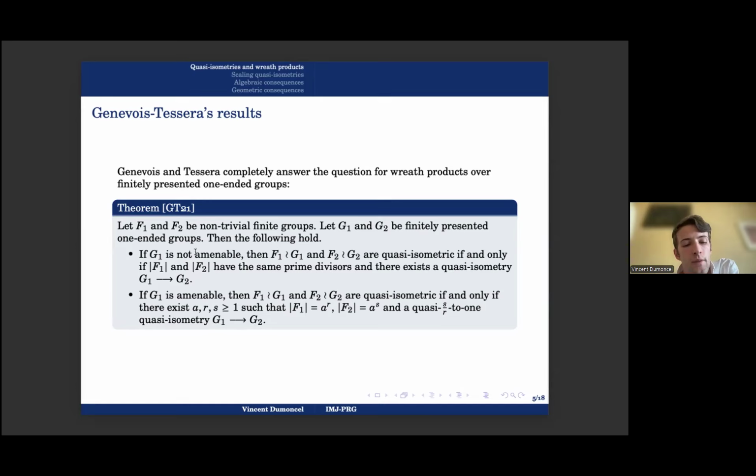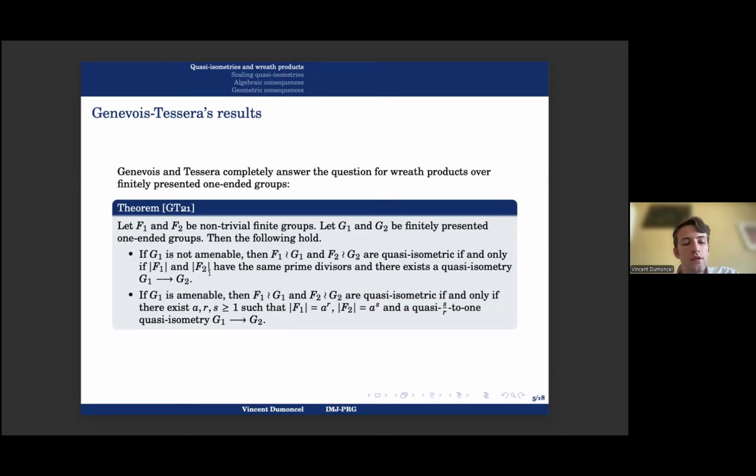The criterion of Genevois and Tessera is in two parts. There is an amenable situation and a non-amenable situation. The non-amenable situation is the less rigid one, because here the criterion is only saying that your two wreath products are quasi-isometric if and only if two things happen.